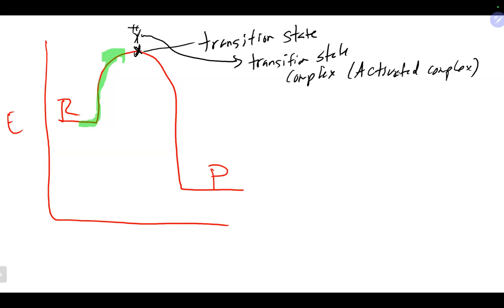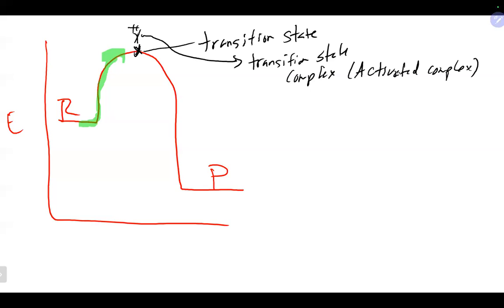So when we're at the very top here in this transition state and we have that transition state complex, that is a species that has partially broken bonds and partially made bonds. So it's transitioning from reactants to products. And it's very, very unstable because it's your peak of energy up there.